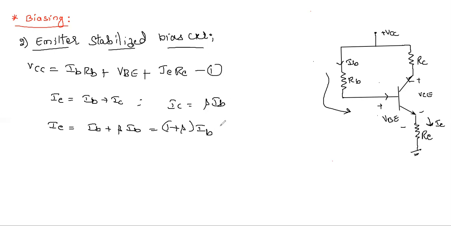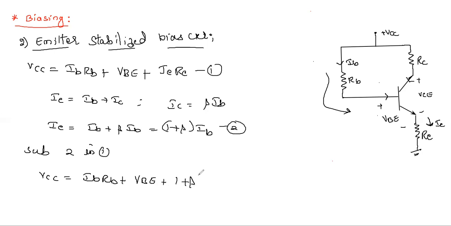Let it be equation number 1. Let it be 2. Now substitute 2 in 1. So we will be getting VCC is equal to IB RB plus VBE plus 1 plus beta times IB into RE.